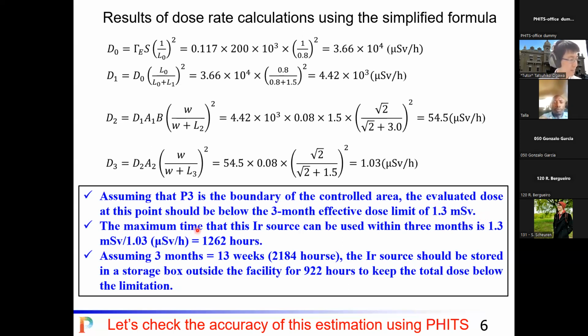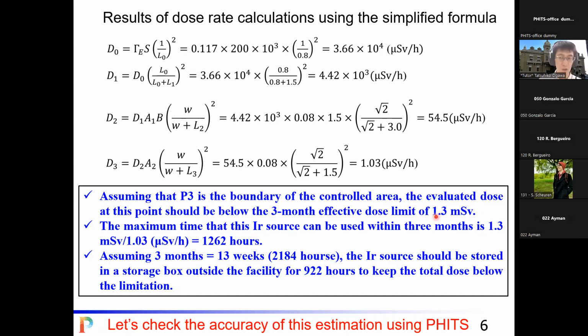So the maximum time that the iridium source can be used within 3 months is 1.3 millisieverts divided by 1.03 microsieverts per hour, meaning 1,262 hours. So this is the maximum operational period for which you can use this iridium source to be compliant with radiation regulation, and not to bring exposure to the uncontrolled area beyond those limits.